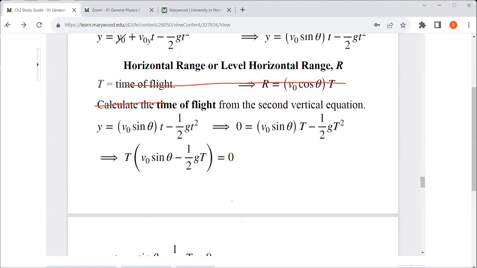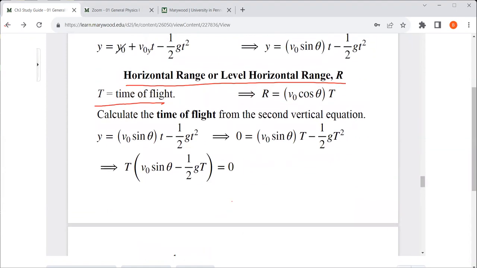All right, so for time of flight we use T, and for horizontal level range it is capital R. Now, as this is the horizontal distance, we have the equation x equal to v0x t, right?